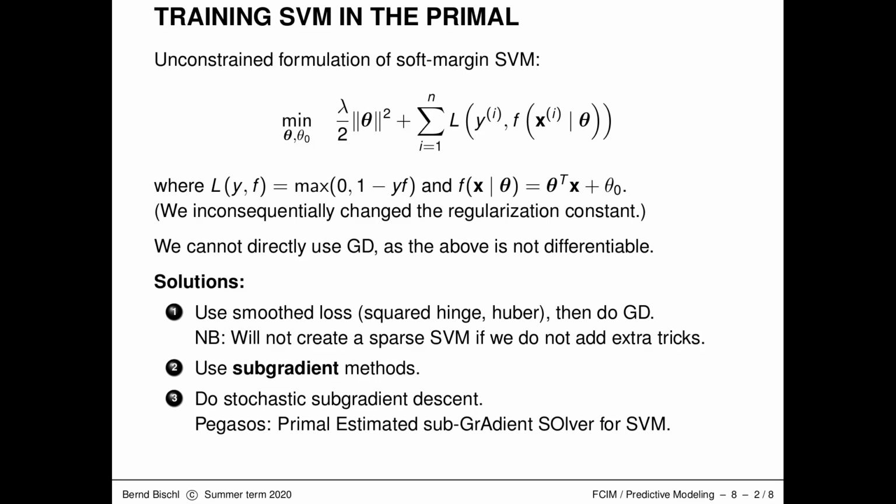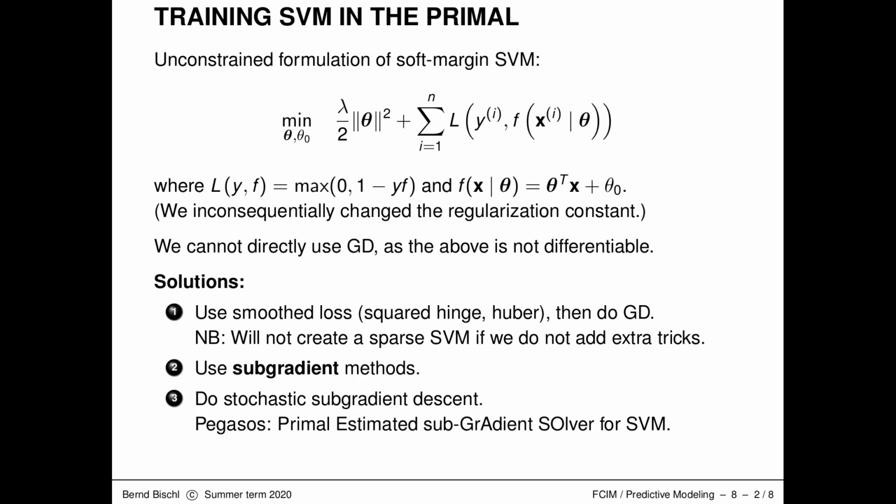This works. This is kind of the reason why these are introduced. For the squared hinge, you can optimize even more efficiently by solving a linear system. But anyway, we could also do gradient descent. The problem is, as I also discussed before, this will not really create a sparse SVM if we do not add extra tricks to the optimization. So I don't want to discuss this here.